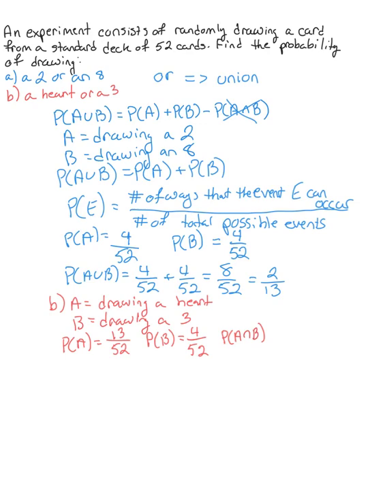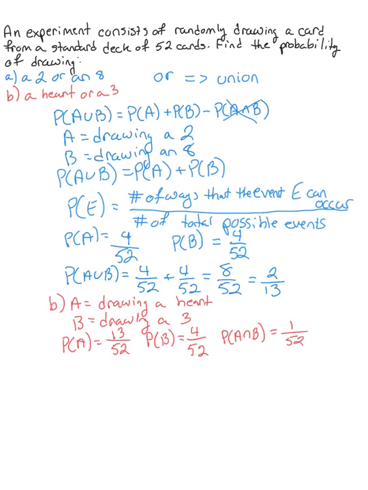The probability of drawing a heart and a 3: there's only 1 card in the deck that fits that scenario, the 3 of hearts. Another suit, like a spade, diamond, or club, doesn't do anything for us, and a number other than 3 doesn't either. There's only 1 three of hearts, so there's one way to draw that, over 52.